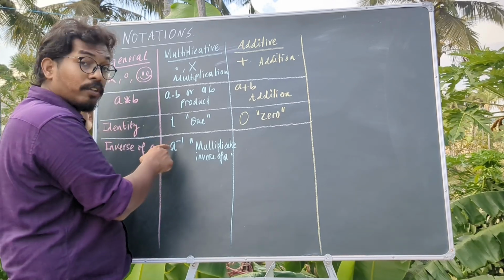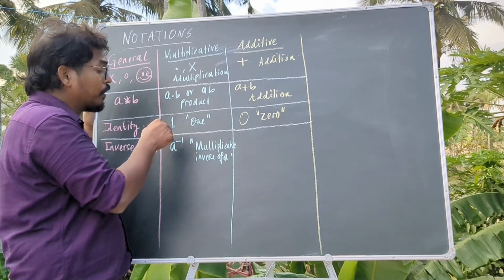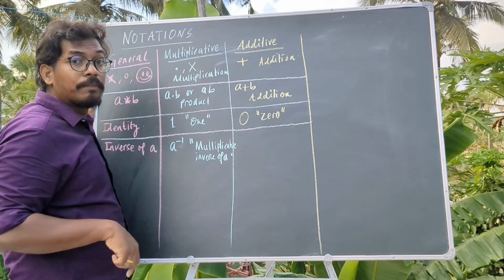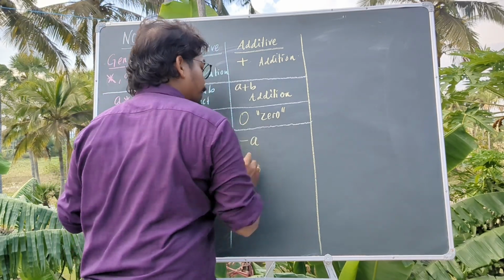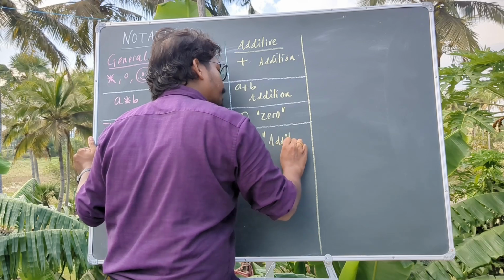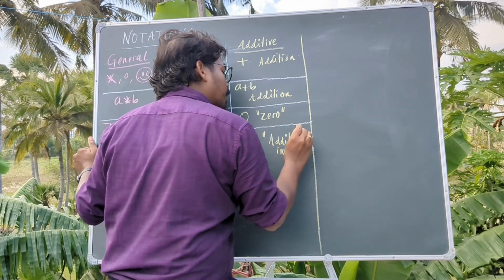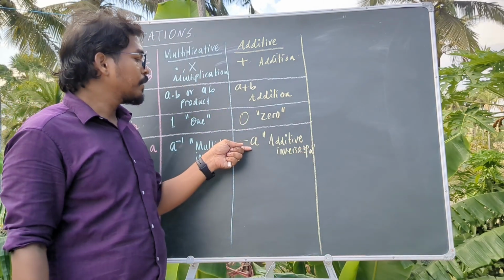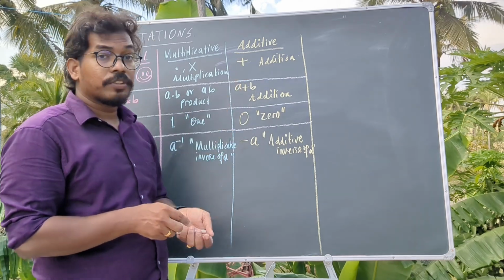So this is not 1 over a, this a to the power minus 1 represents the inverse of element a under multiplicative notation. Here we have minus a, and this is the additive inverse of a, and minus a represents the inverse of element a under additive notation.